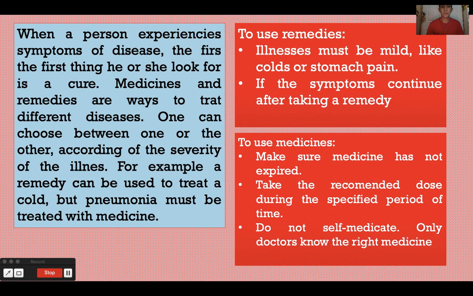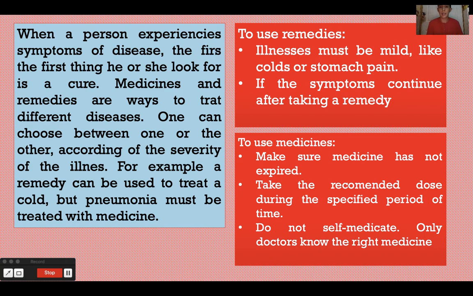When a person experiences symptoms of disease, the first thing he or she looks for is a cure. When you feel like you have pain or that you have fever or you have a toothache, the first thing that you look for is a cure for that illness or disease.